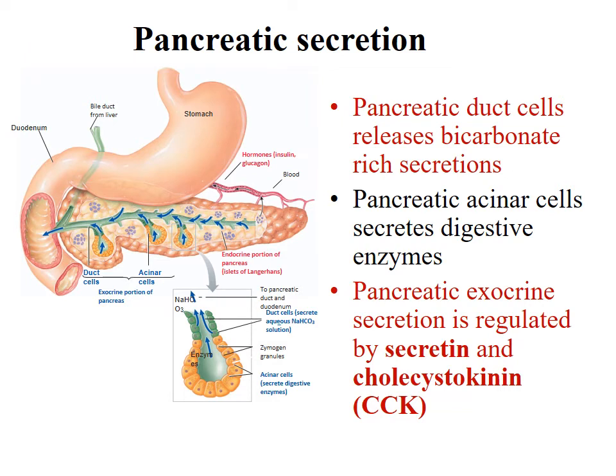Pancreatic exocrine secretion is regulated by two major hormones, secretin and cholecystokinin, otherwise called CCK. CCK is the standard abbreviation for cholecystokinin. Secretin and cholecystokinin are the regulators of the exocrine pancreas.